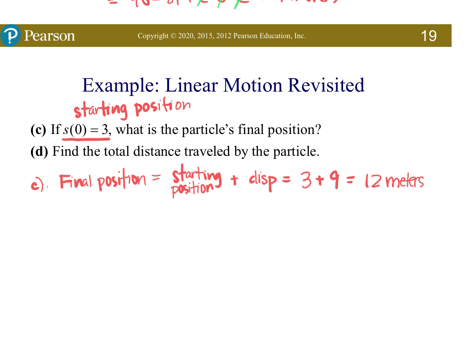All right, then finally, find the total distance traveled by the particle. So that's part D. So my total now changes to the integral of the absolute value of v of t dt.